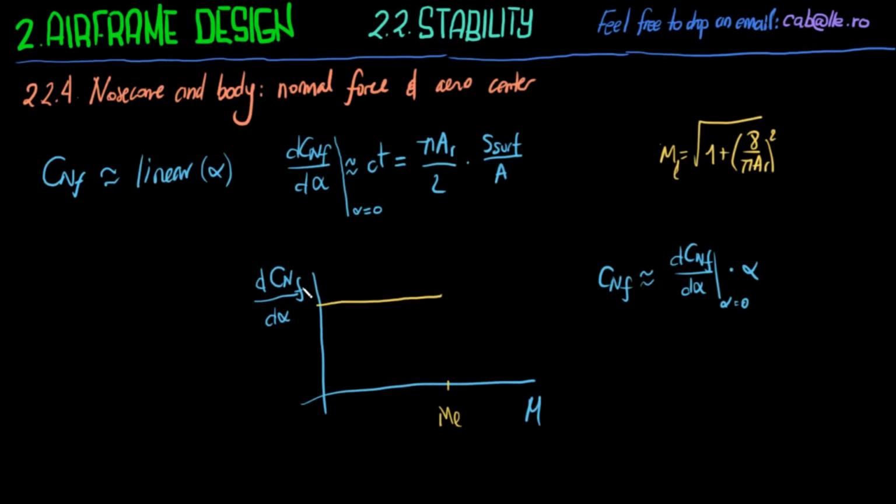So if we plot this up to Mach sub L, it's going to be constant. It's this number. But what happens when we get Mach numbers above Mach sub L?